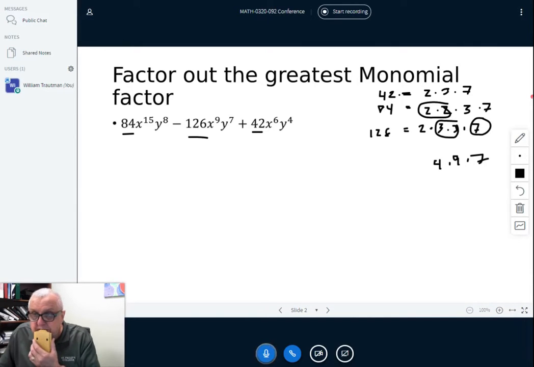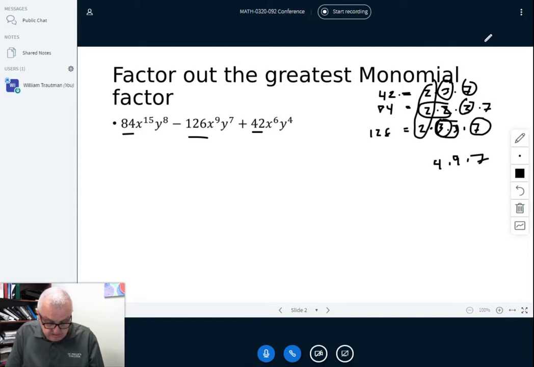What number divides into each? Oh, what's the greatest common factor? We know a 2 divides into each of those. A 3 divides into each of these, and a 7. So 2 times 3 times 7 is 42. So 42 divides into each of those.